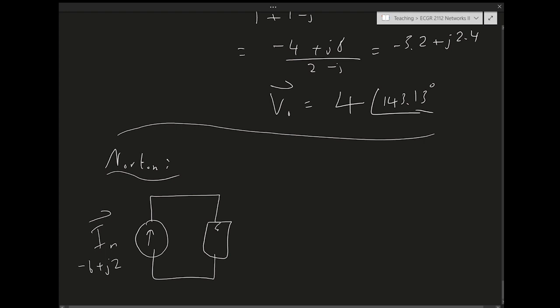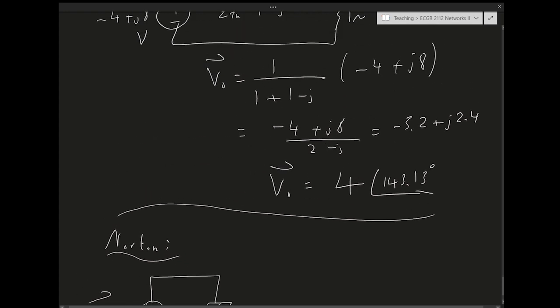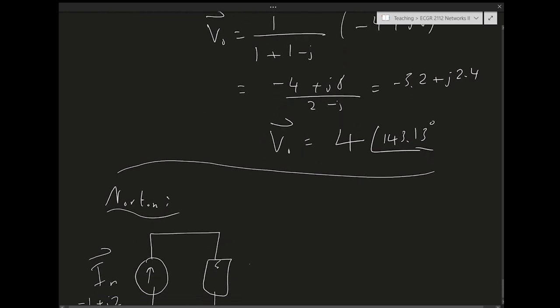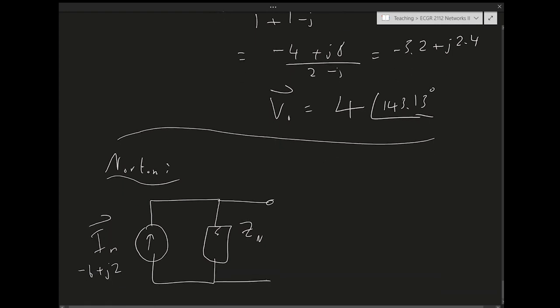You are finding the Norton equivalent circuit, and what's left is the impedance, Z Norton, and Z Norton is really equal to Z Thevenin. To show that, look at this scenario. In this Norton equivalent circuit, what would Z Norton be?